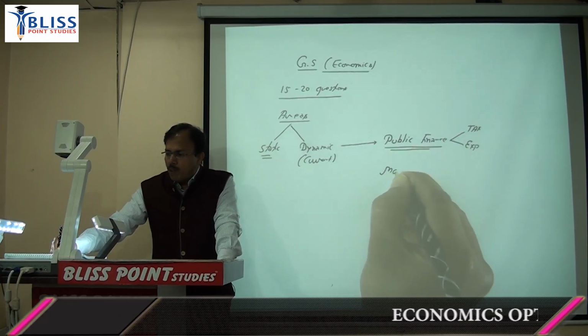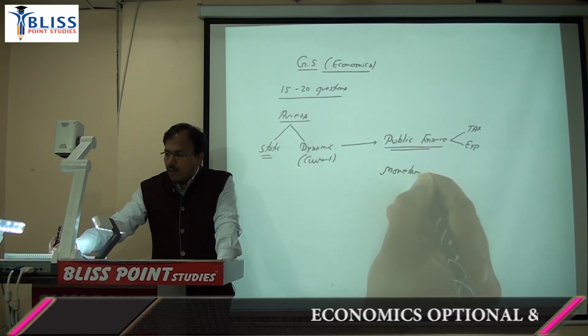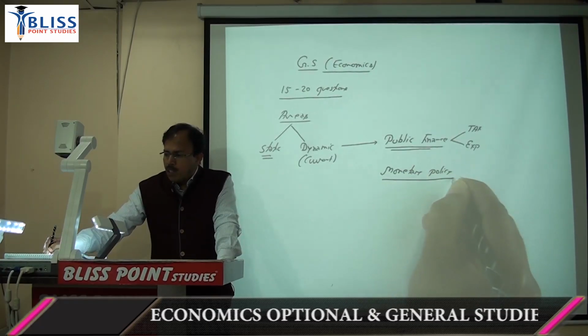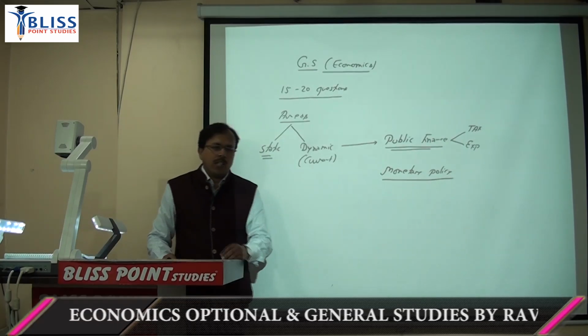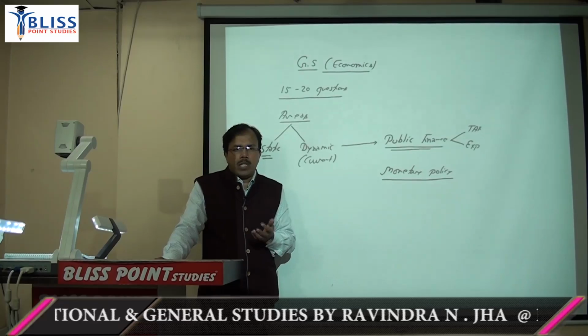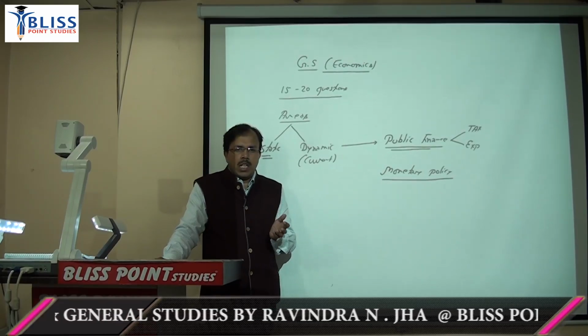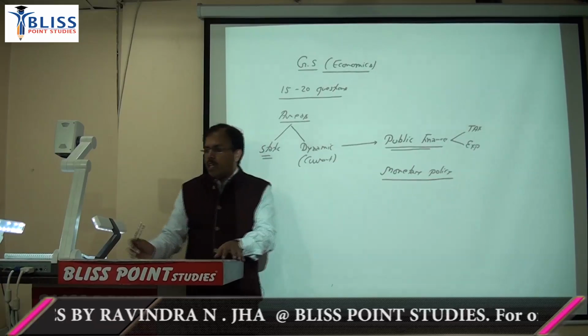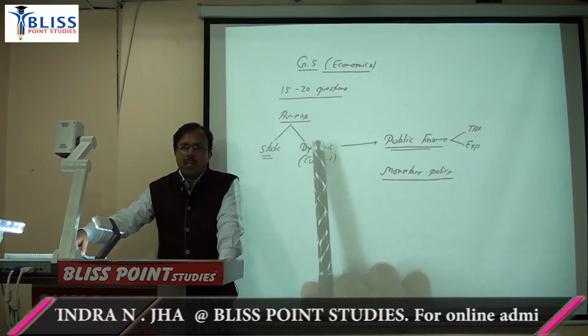The next one will be monetary policy. Monetary policy deals mainly with the money supply and the instruments related to it, like repo rate, reverse repo rate, CRR and SLR. Again, in those topics there are static and dynamic parts.